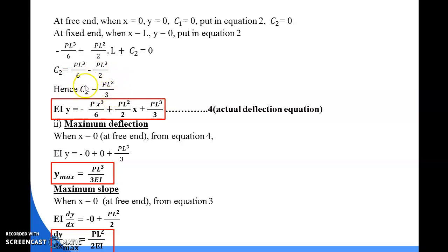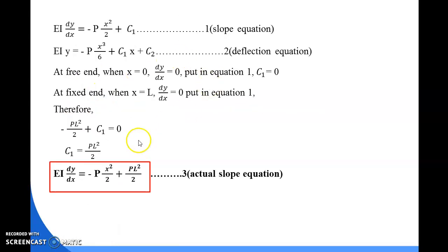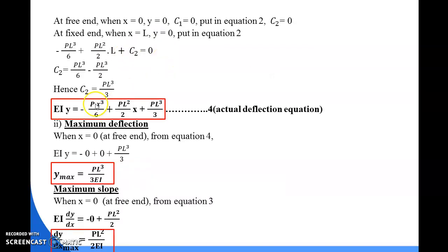Now we can put this C2 value in the deflection equation, equation 2. So we know the C1 value, so we can put here PL square by 2 x, and the C2 value we got as PL cube by 3. Hence our actual deflection equation is EIy equal to Px cube by 6 plus PL square by 2 x plus PL cube by 3.